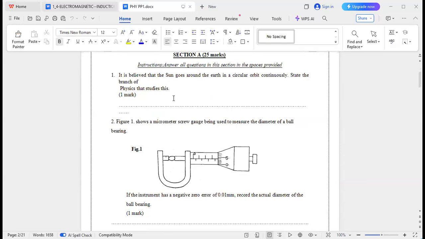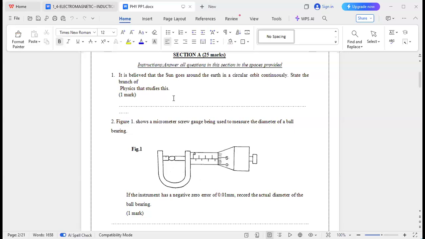It is believed that the sun goes around the earth in a circular orbit continuously. State the branch of physics that studies this. This is mechanics.